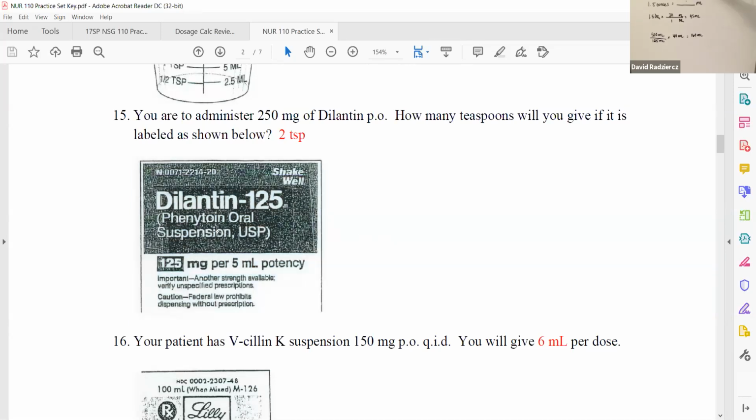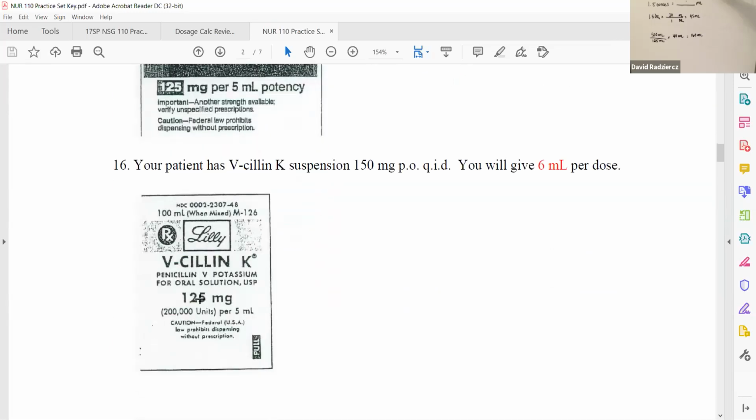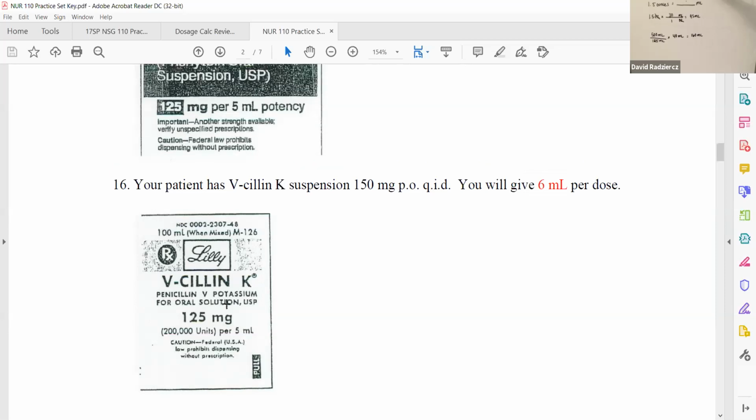If you do a Google image search of drug labels, you can see how these things are denoted. So like notice that this says 125 milligram per 5 ml. This is a suspension. It tells you it's a suspension. This right here is also a suspension. It tells you 125 milligrams or 200,000 units per 5 ml. So it gives you the strength of each thing.